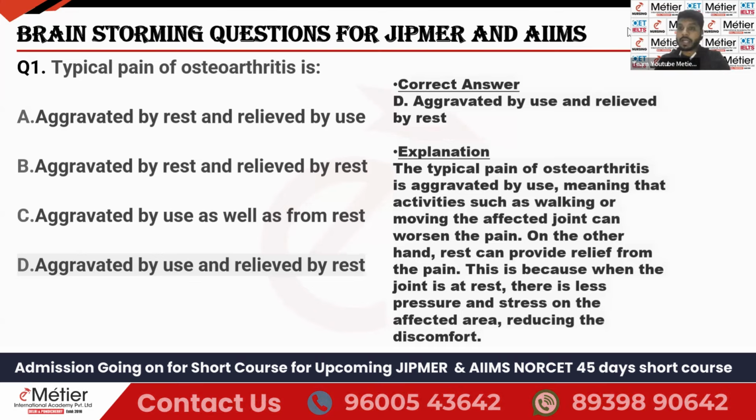Whereas in rheumatoid arthritis, the pain will be there when you take more rest, especially in the morning after complete bed rest. For example, you go to sleep tonight, and next time the patient wakes up, the stiffness will be very high and the pain also very high. That is the key point between osteoarthritis and rheumatoid arthritis.